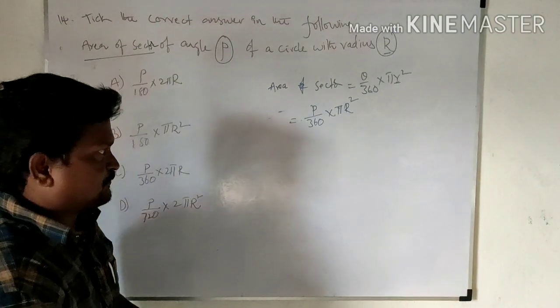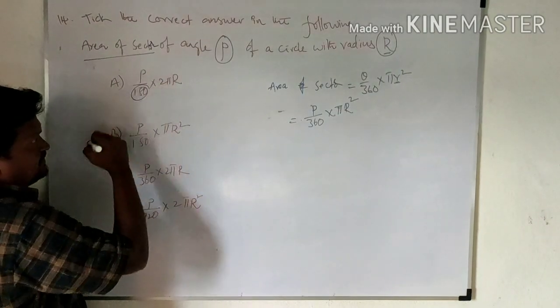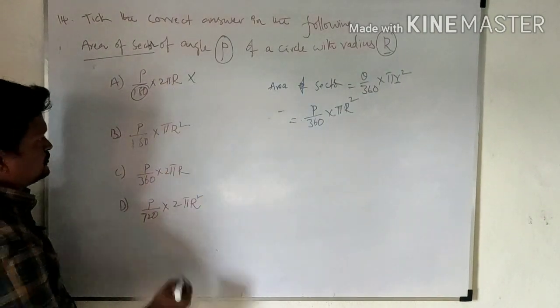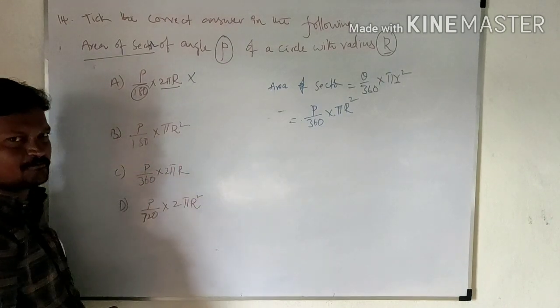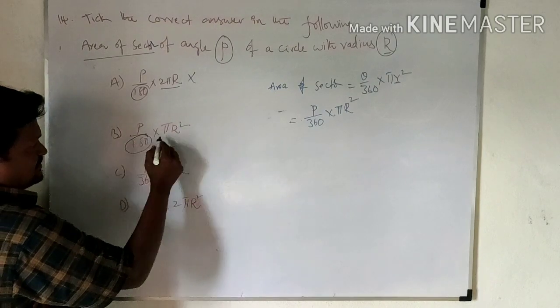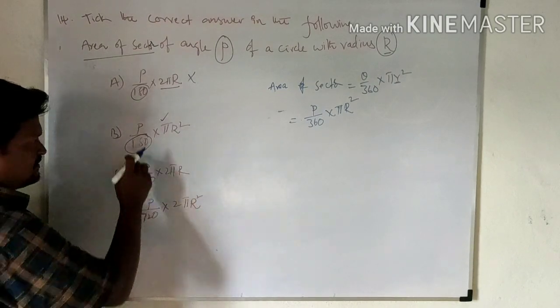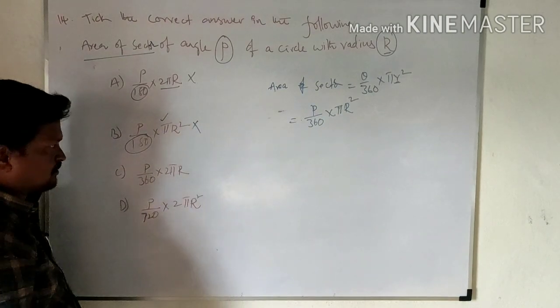See, is this formula there in our options? This one is P by 180 and also has 2 pi r, so this option is absolutely wrong. This one has pi r square, but 180 is there, so this is also completely wrong.